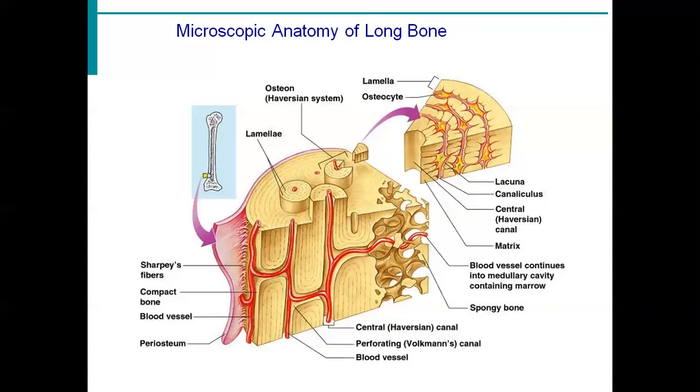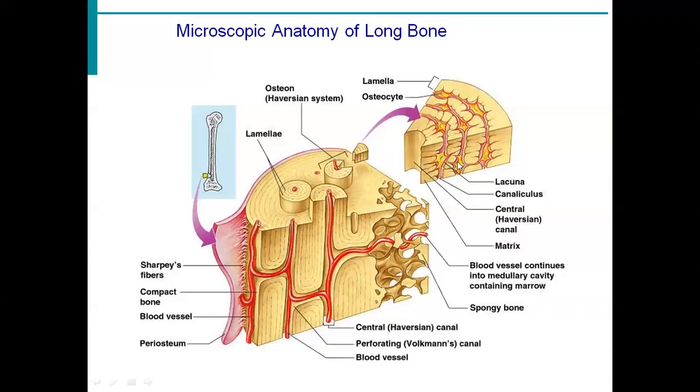So, the overall structure of each lamellae is constructed by osteocytes. Osteocytes are connected with lacuna and canaliculi. What is the difference between lacuna and canaliculi? Lacuna is the structural part where osteocyte is entrapped.